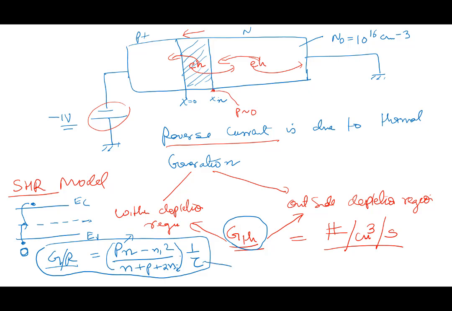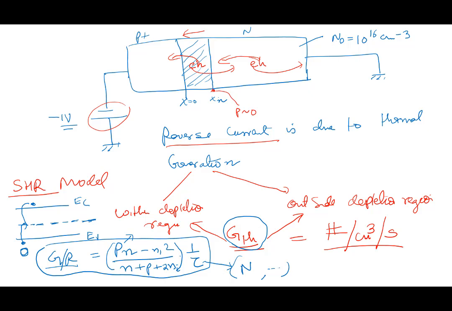Tau is the recombination lifetime, and it depends on the impurity characteristics here. Tau is determined by how many impurities are there and the other characteristics of the impurity: the number of trap levels or impurities.